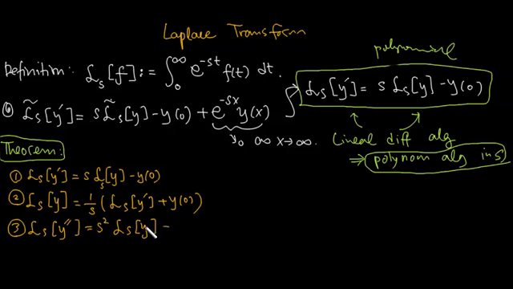Then the next part is the first order term in s, and it picks up the original function value. The next part, a constant term of this polynomial in s, is y prime of 0. So it involves now these 2 initial values. So let's guess what's going to happen to the third derivative, the image of this Laplace transform.